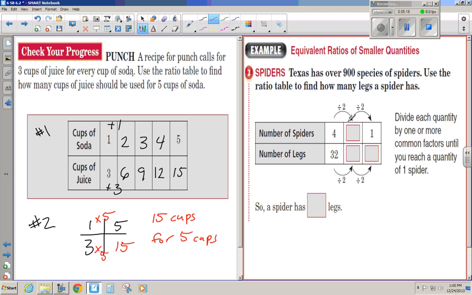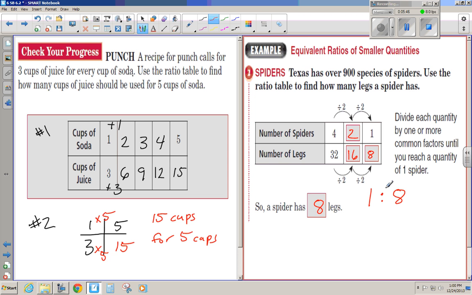If we divide by 2, that'd give us 2, which means we have to divide the bottom number by 2, which gives us 16. So that means for 2 spiders, you have 16 legs. When you divide by 2 again, you get 8. So a spider has 8 legs. That means for 1 spider, 8 legs.